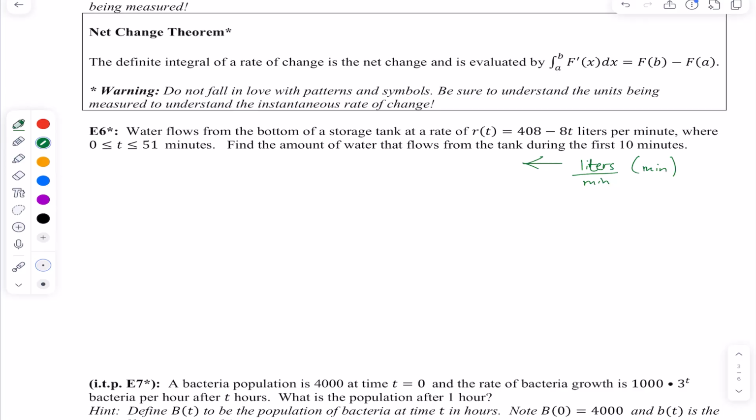Now we need the total amount of water from the tank during the first 10 minutes. So this time our domain is from 0 to 10. Our rate of change is actually r of t, and we want to multiply this by a very small interval of time called dt. Now we simply substitute and use your knowledge of antiderivatives to evaluate this definite integral.